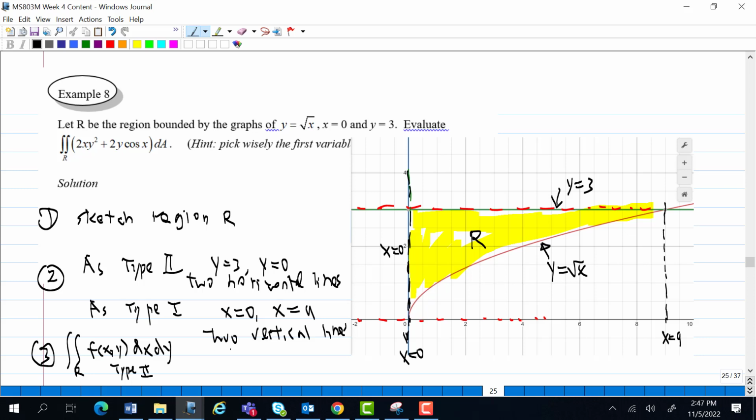As type 1, you should integrate f of xy into dy dx. That means your outer limit will be x, inner limit will be y, whereas type 2 is outer limit is y, inner limit is x here.